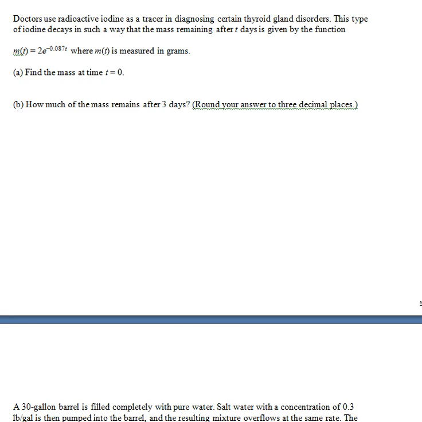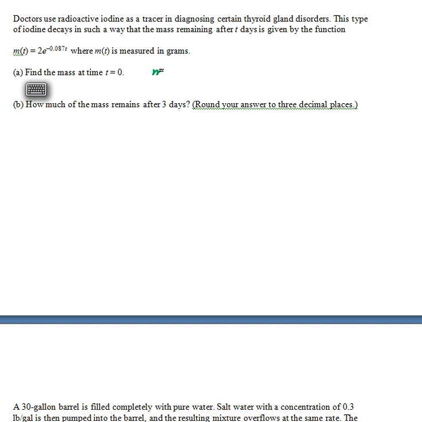This type of iodine decays in such a way that the mass remaining after t days is given by the function m of t equals 2 times e to the negative 0.087t, where m of t is measured in grams. Find the mass at time 0.